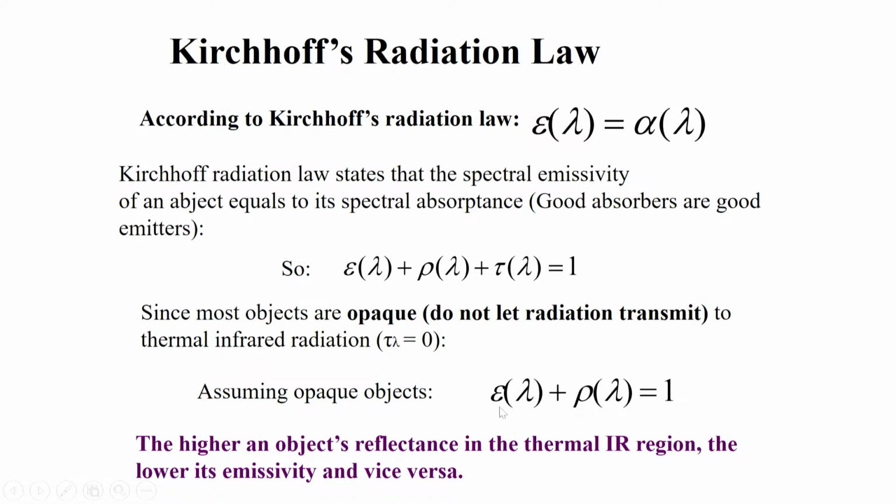And all the objects which are good emitters or good absorbers will be very poor reflectors. So one should know about this fundamental concept, so that all the metallic objects, since they are very good reflectors, have very, very low emissivity.